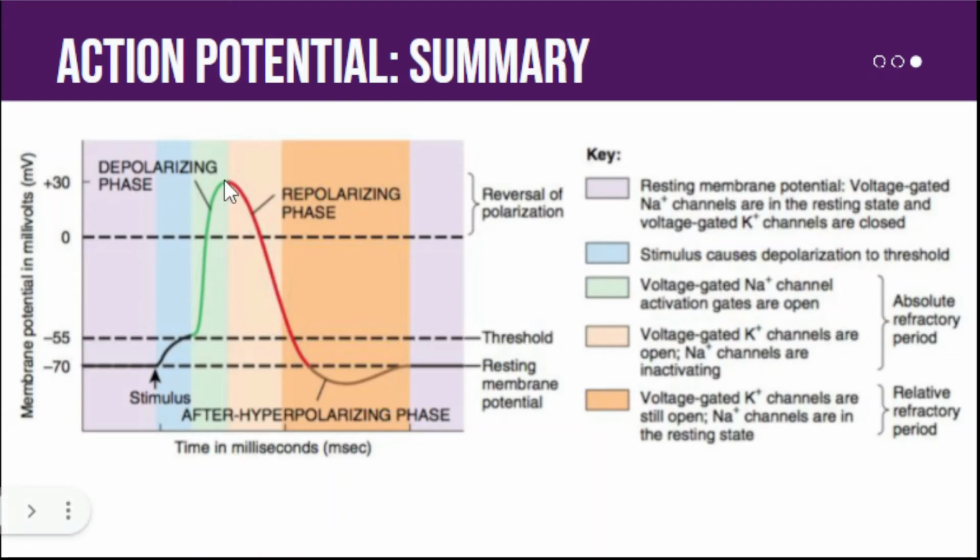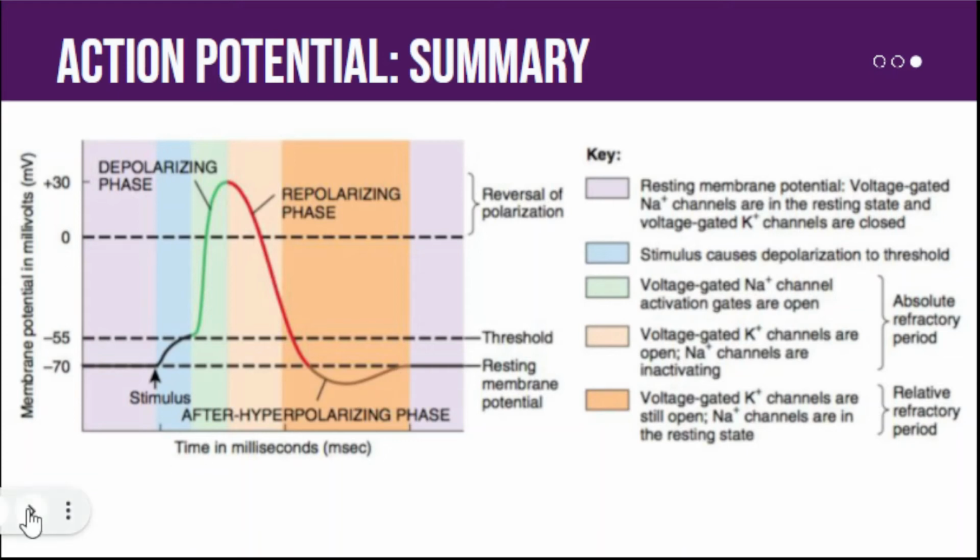It will then be followed by your repolarization, which is the closure of sodium channels and the opening of your potassium channels. So from positive 35, it will now become more and more negative. Actually, even if it reaches your RMP, the potassium channels will remain open, leading to the hyperpolarization. And once the potassium channels close, it will be able to go back to your resting membrane potential.